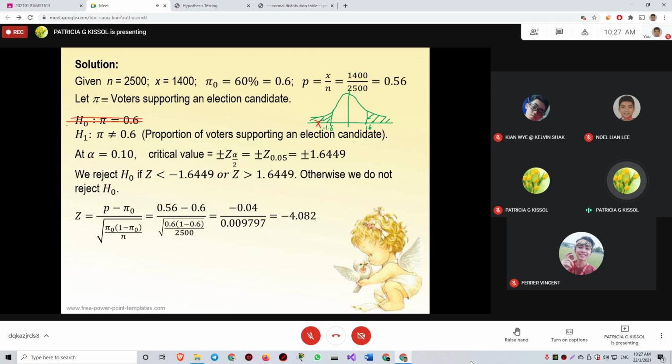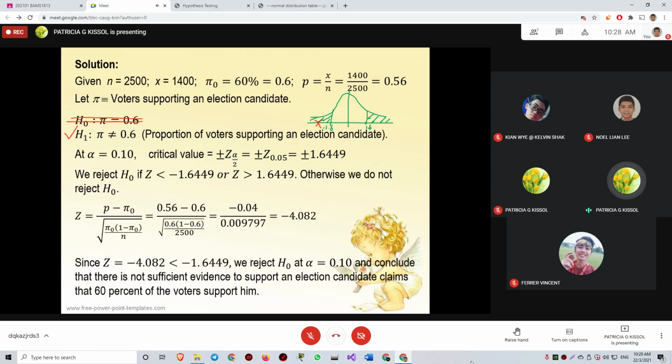And when we reject it, the alternative hypothesis is taken into consideration. We reject the null hypothesis at alpha equals 0.10. Our conclusion is there is not sufficient evidence to support the election candidate's claim that 60% of the voters support him.